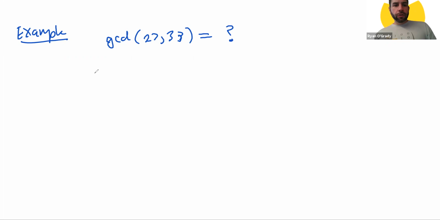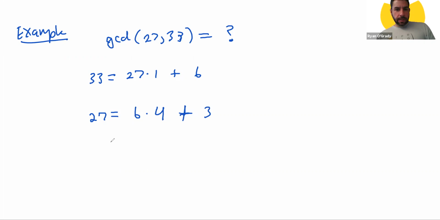So we take the larger number, and it's equal to the smaller number times, you apply the division algorithm, 1 plus 6. And so then next, it's 27 equals 6 times. Well, how many times does 6 go into 27? 4 plus 3.